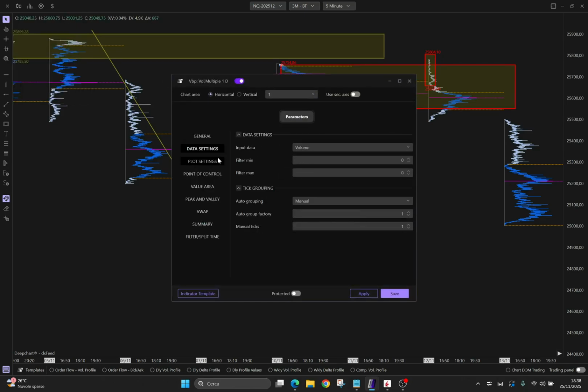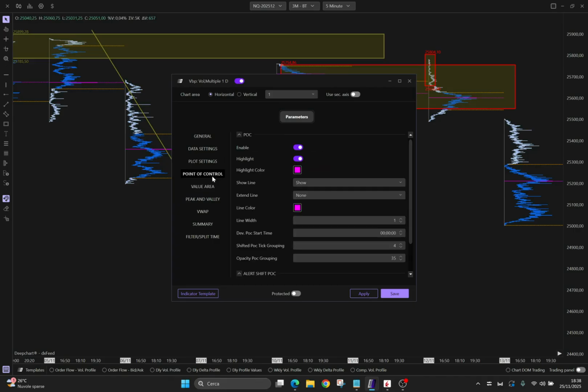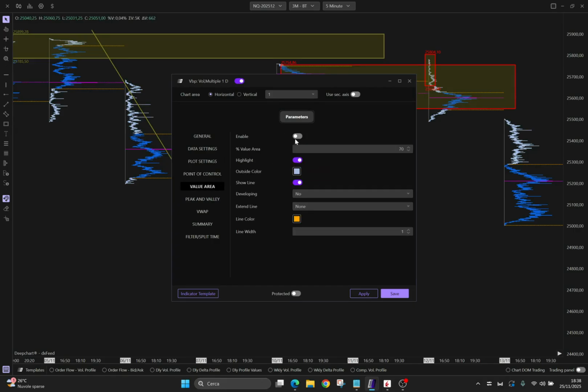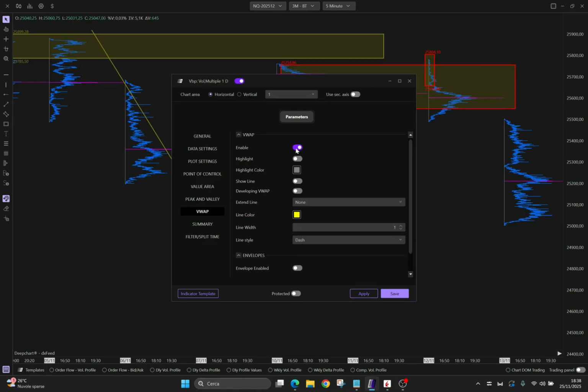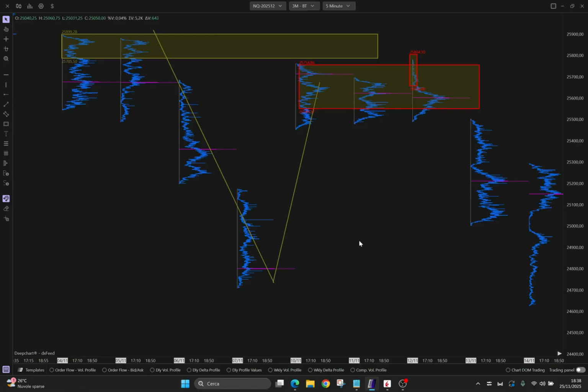I want to explain it to you like this. I want to remove the value area. Just follow me, follow everything I'm doing. I want to remove the VWAP as well. Okay, it's already removed. Perfect. Ignore everything else. You see how the POC is giving you the control.